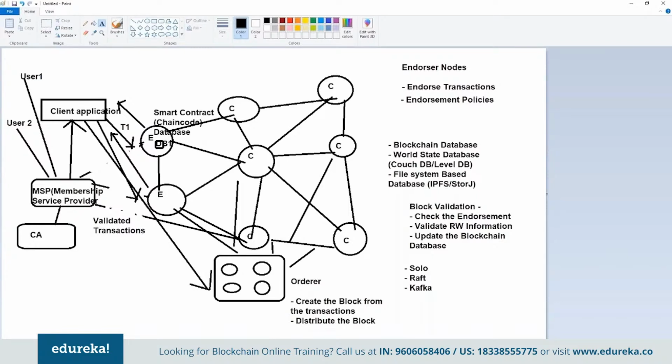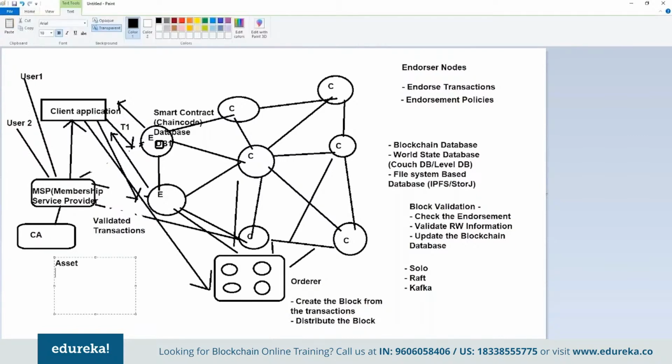Now, one more thing that you need to keep in mind is that whenever you are designing a business network, you need to keep in mind three things. First is your asset. Asset is basically what you are looking to transact. Your medical record can be an asset, your land record can be an asset, your gold can be an asset, your money can be an asset, your intellectual property can be an asset.